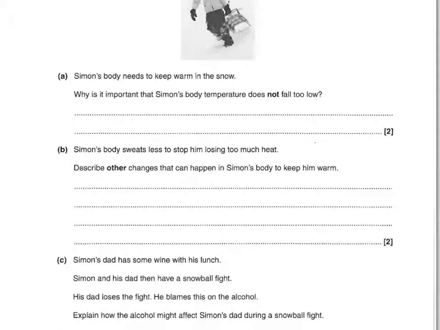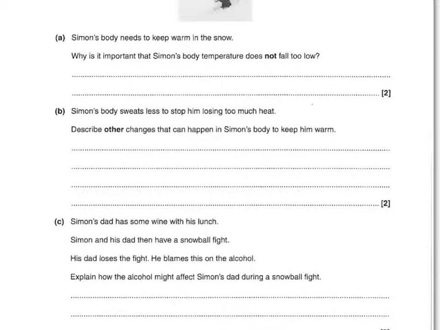The next question says, Simon's body sweats less to stop him from losing too much heat. Describe other changes that can happen in Simon's body to keep him warm. So first thing is that he might shiver, and you could get 2 marks for just explaining why that would help. So you could say he could shiver for 1 mark, and that would generate heat for a 2nd mark.